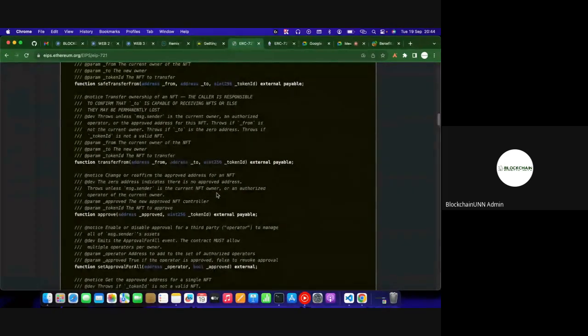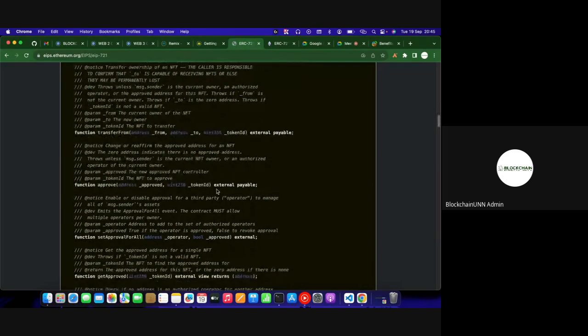With safeTransferFrom, there are measures set in place to check if that particular contract or whoever you're sending the NFT to has the ability to handle NFTs. The transferFrom function won't check that. It just behaves normally like the ERC20 token transfer function and will just go through, but you would lose the NFT forever.